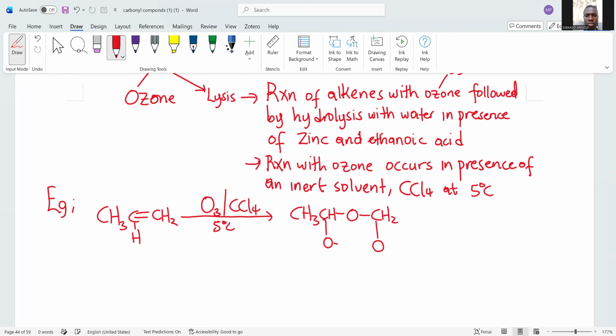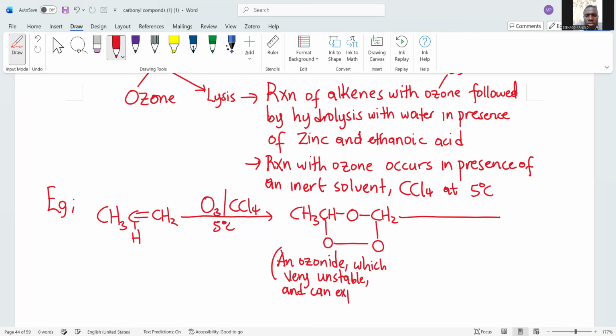This is what we call an ozonide, which is very unstable and can explode.